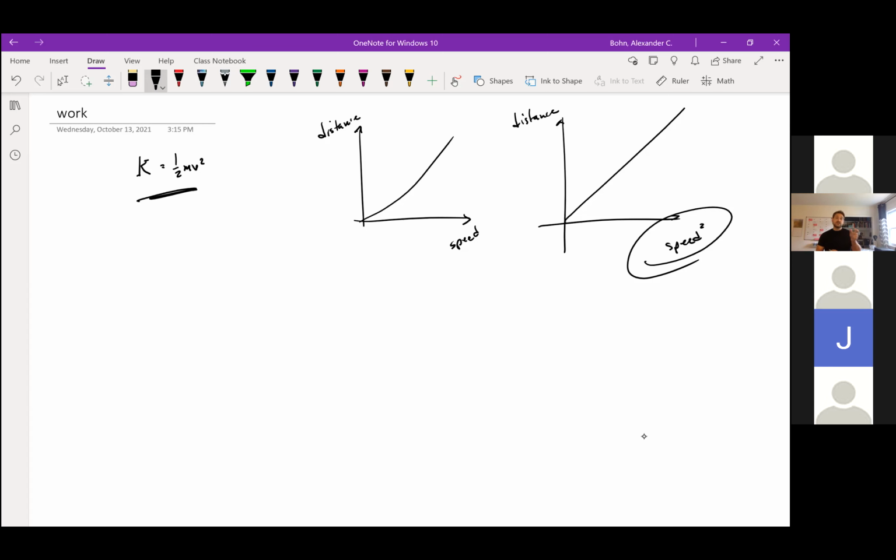So we apparently have a relationship between kinetic energy and the distance over which friction acted. We might be interested in aggregating, in like accruing the effect of a force that acts for some displacement on the motion. How does a force acting over a longer displacement affect the motion differently?